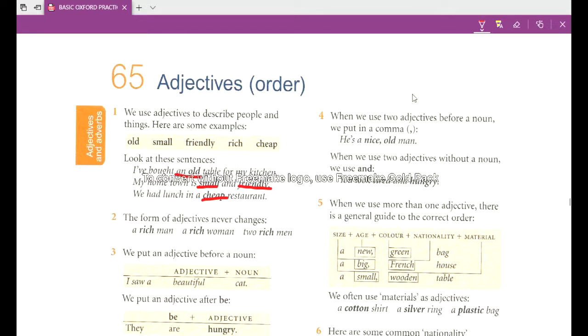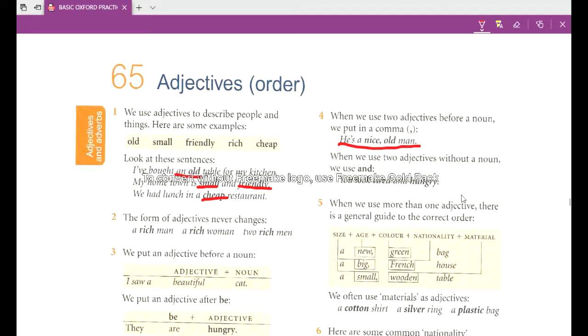We have to see this very well. I underline here for you: he is a nice, old man. As we have two adjectives before the noun man, we have to use a comma between the first and the second one.